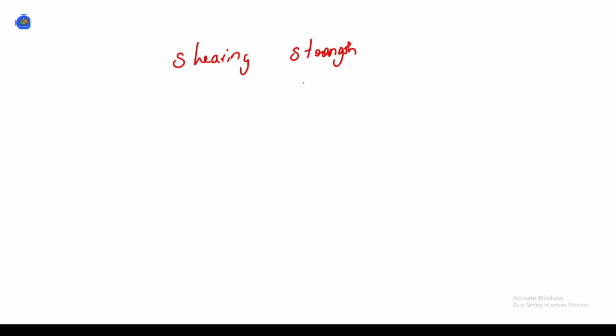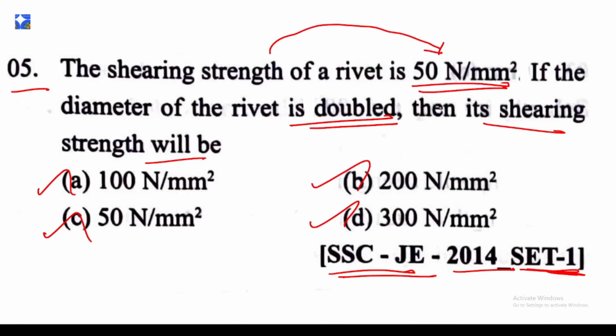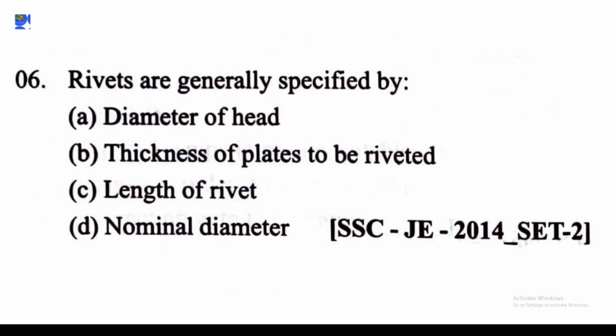So shearing strength in terms of stress is given in the question. It is actually a material property. So it doesn't change. Okay, so I can say that it remains the same. So option C would be the correct answer. Let's move on to the next question.